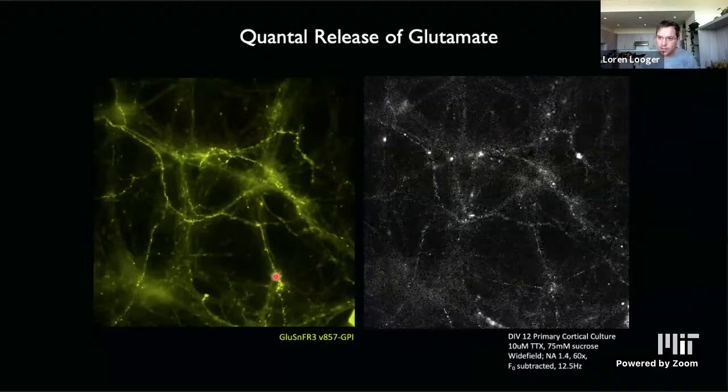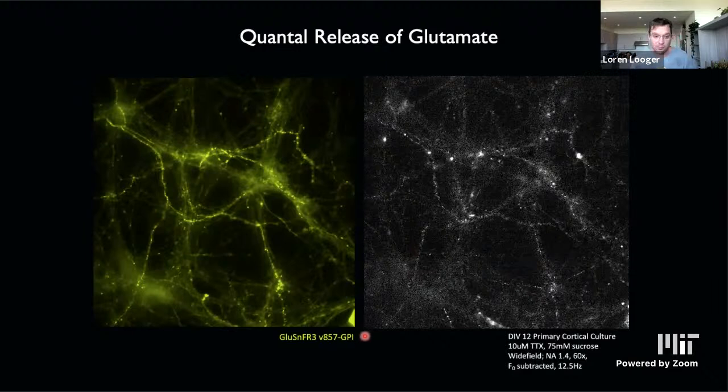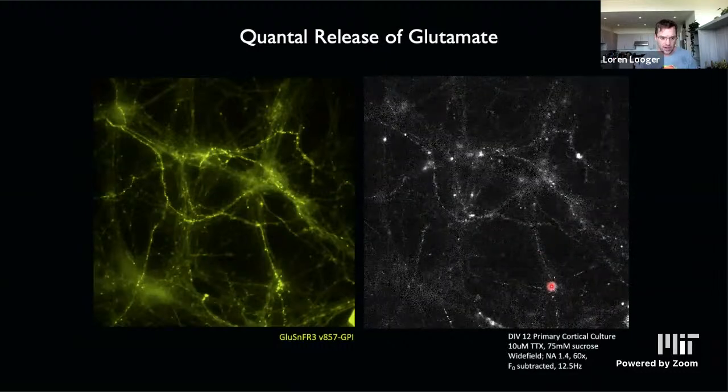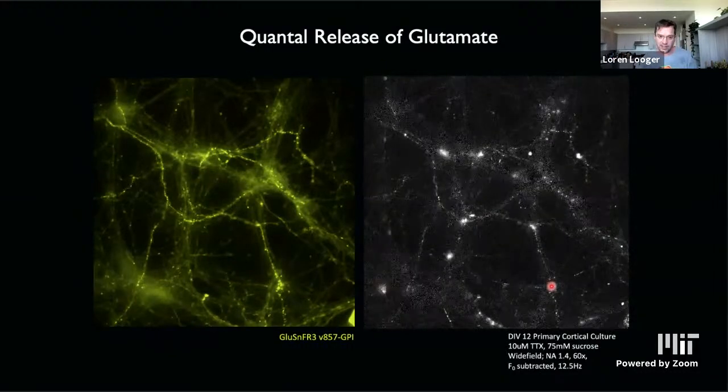Let's see. Okay, I guess that's the one video that maybe I should have tested beforehand. But yeah, they're getting beautiful responses, and this is in cell culture. And oh, here we go. Video's playing now.